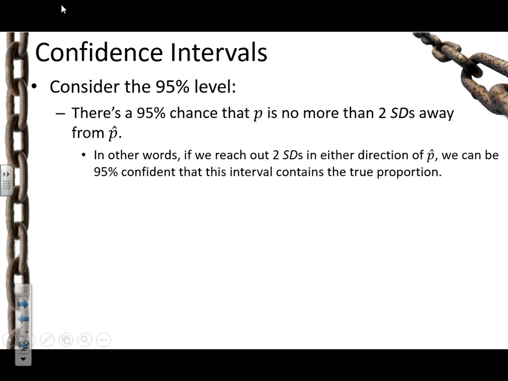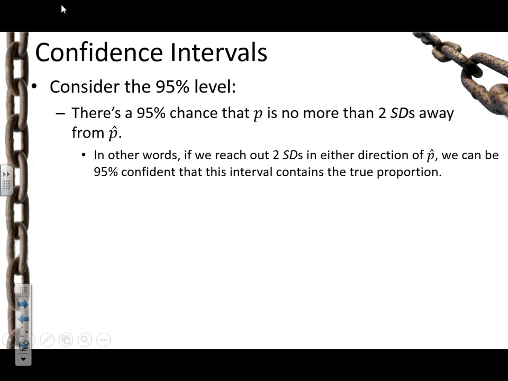So if I were to reach out a certain number of standard deviations in each direction, I can have a certain level of confidence that my interval will capture the true value. And that's the purpose of a confidence interval. It's to state that in our sample, this was the actual value we calculated. We found this sample proportion, or this sample mean.